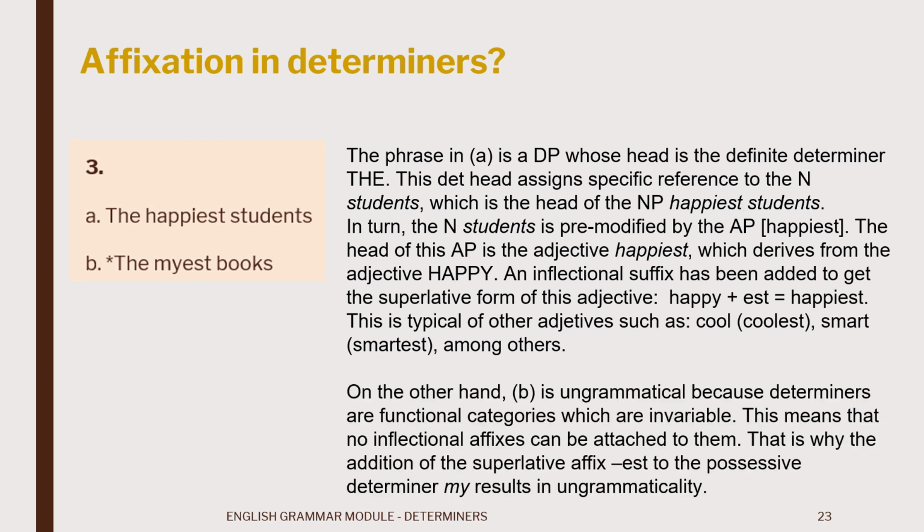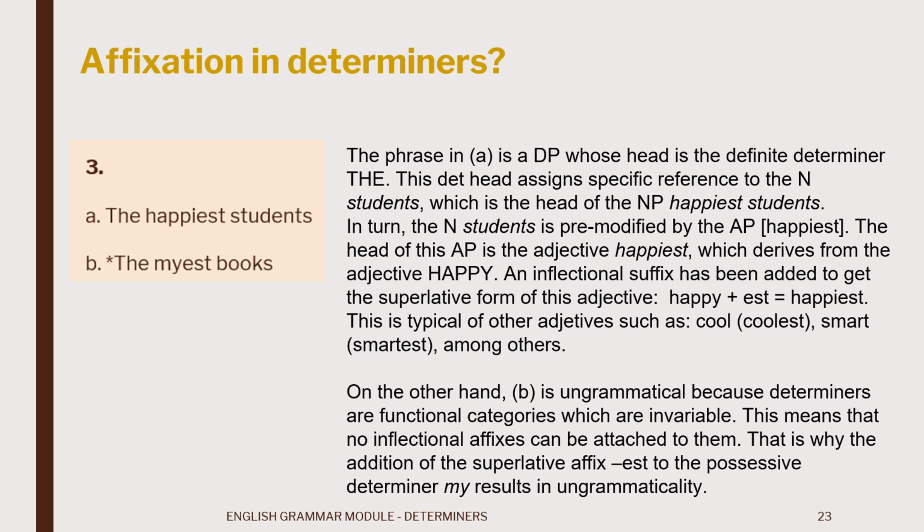On the other hand, in B, the resulting phrase is not possible, and B is ungrammatical because determiners are functional categories, which are invariable. This means that no inflectional affixes can be attached to them. That is why the addition of the superlative affix est to the possessive determiner my results in ungrammaticality.